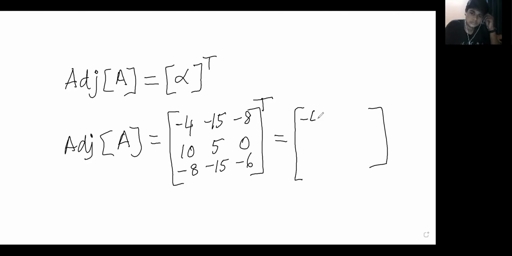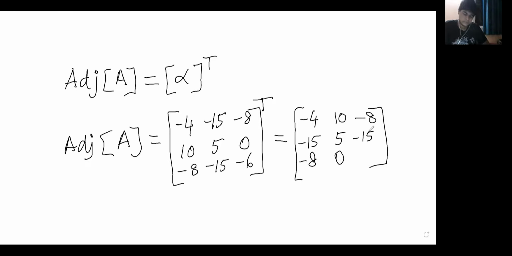That is -4, -15, -8. Then the second row you write as the second column: 10, 5, 0. The third row you write as the third column: -8, -15, -6. So this is called transpose of cofactor matrix, or it is called adjoint of matrix A.